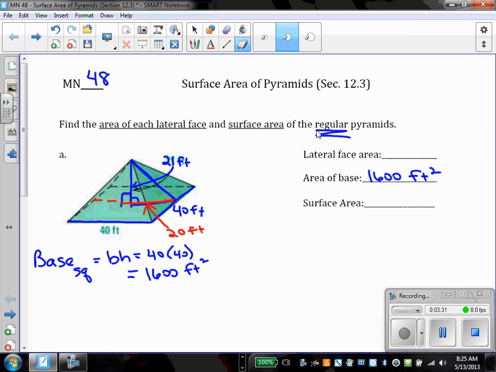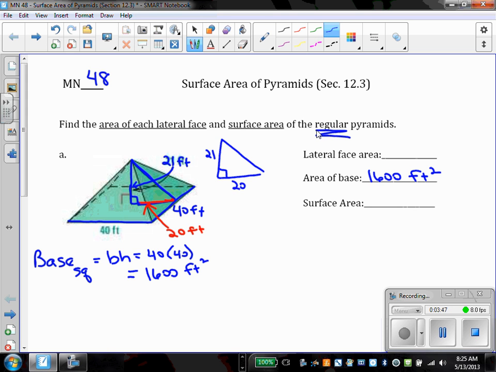So I'm going to try to erase parts of this here. Okay, so now we have a right triangle where we have 21 feet here, 20 feet here, and we need to know this. And of course, if we know 2 sides of a right triangle, we use the Pythagorean theorem to solve it.